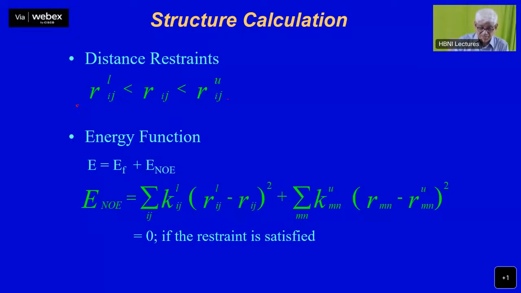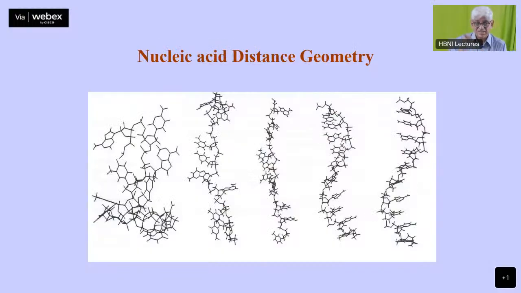If it is not satisfied, then you have this contribution to the potential energy for the lower violation and the upper violation. Therefore, you optimize your model so that you get 0 for this E_NOE. Then it means that all your proton pairs are within the range that is expected from your NOESY spectrum. This is done by what is called a distance geometry algorithm. This was developed by one of our students.